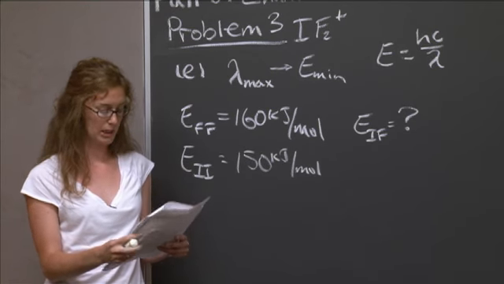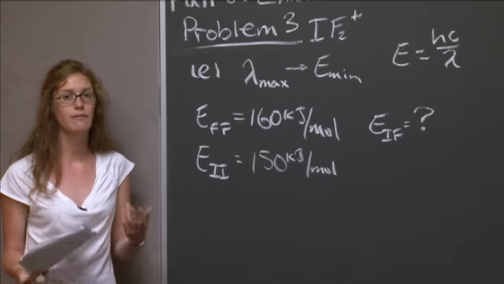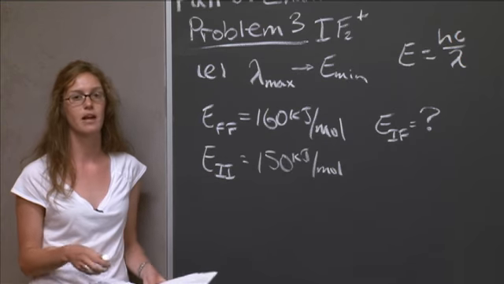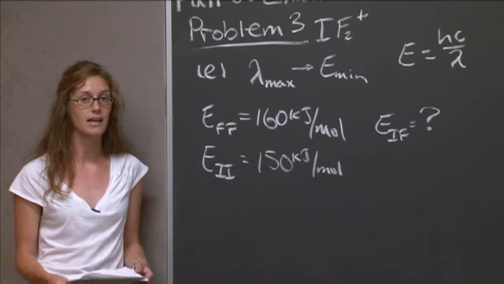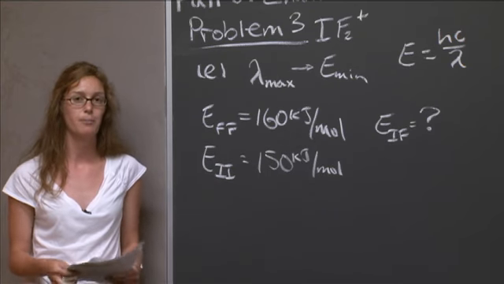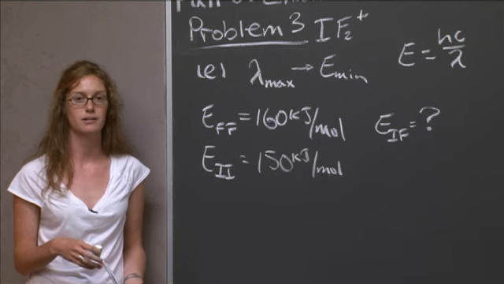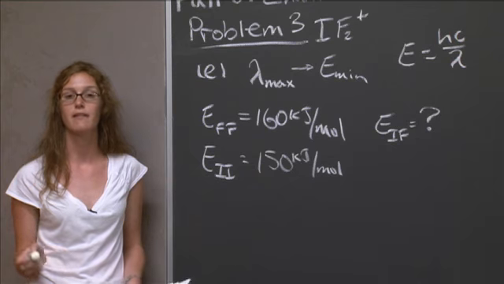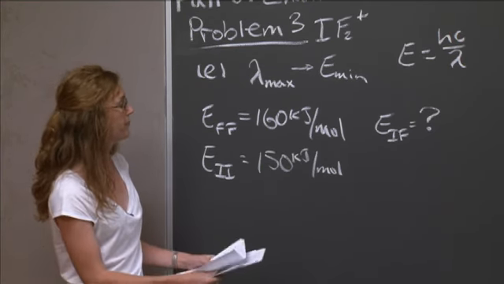So, given the homogeneous energies, do we have a relationship that will help us determine the energy of the IF bond? If you recall in lecture 9, Professor Sadoway went over the Pauling formula for determining a heterogeneous bond energy from the homogeneous bond energies and the electronegativity. So I'll just write that up here.